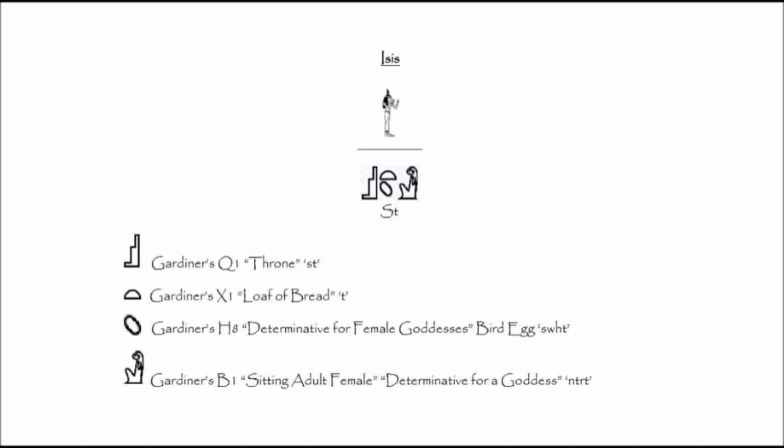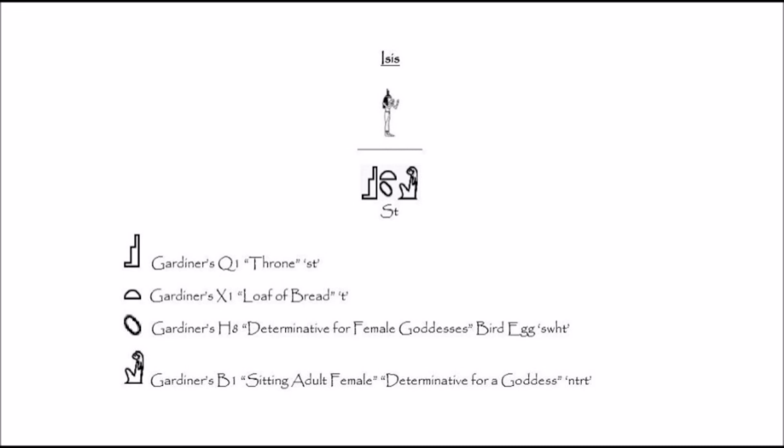The W being a consonantal letter, though often, depending on the culture of origin, it is often considered a vowel. Then you have a female sitting. This is Gardner's B1, a sitting adult female, and determinative for a goddess.